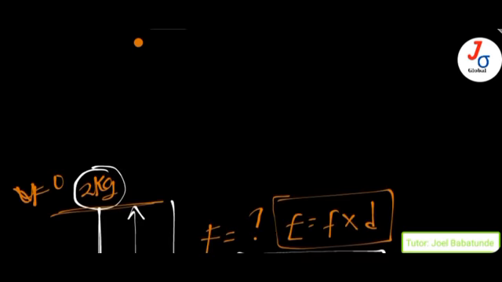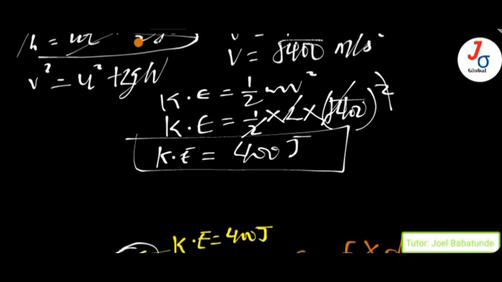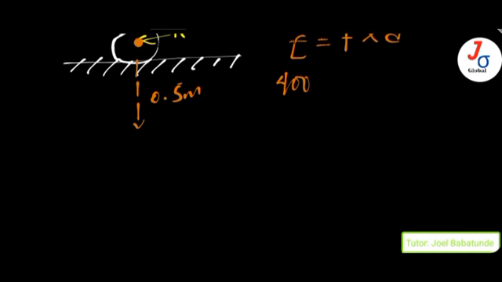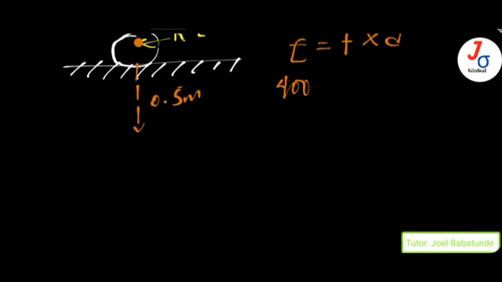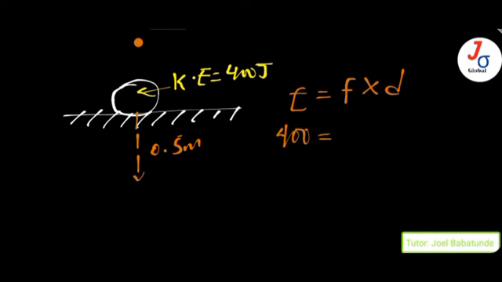It's 400 joules. Then we are looking for the force multiplied by the distance moved by this ball into the sand, which is 0.5. So we're going to divide both sides by 0.5 to get our answer.